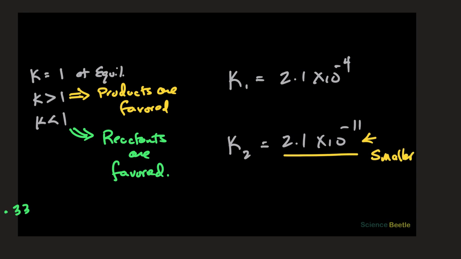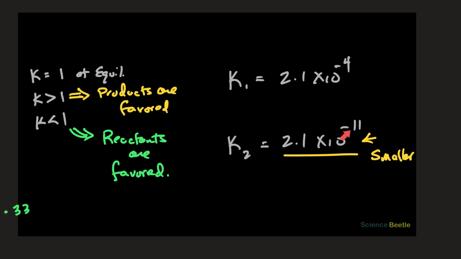So of these two separate reactions, the one with the K value 2.1 times 10 to the negative 4 indicates that this reaction is going to be a little bit closer to favoring product formation, as opposed to the one on the bottom.